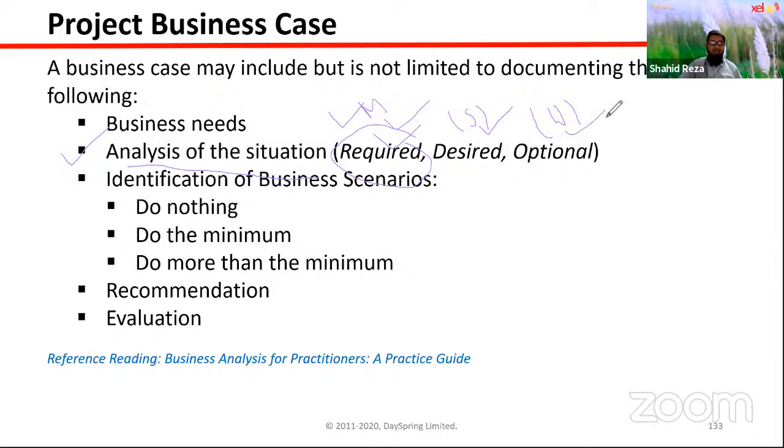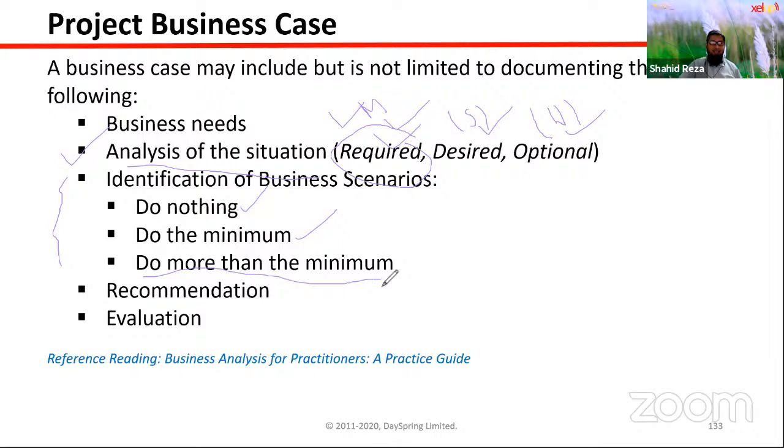Then also, as a business case expert, you have to explore: if you do nothing in this situation, what wrong will happen to you? What positive or negative thing will happen to you? If you do the minimum, then what are the pros and cons?